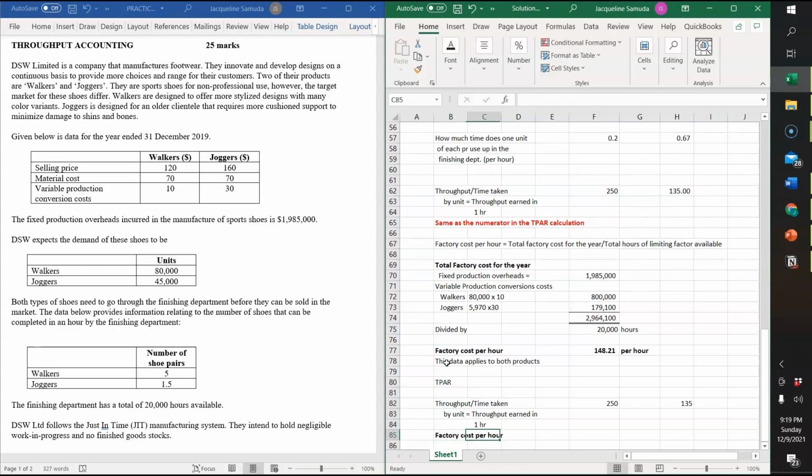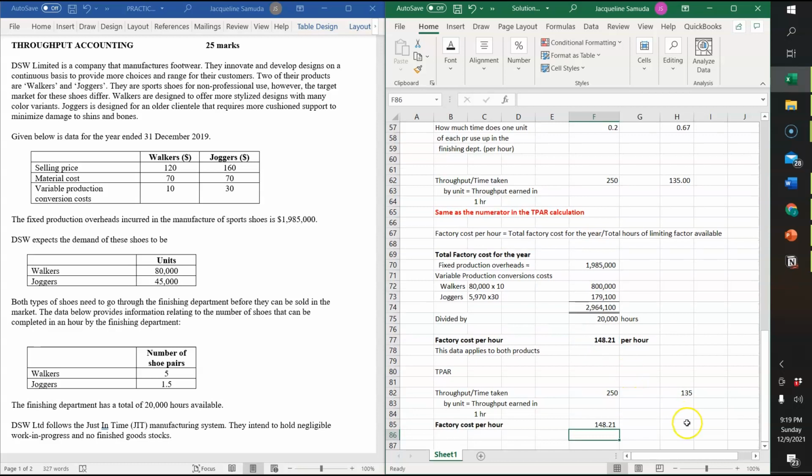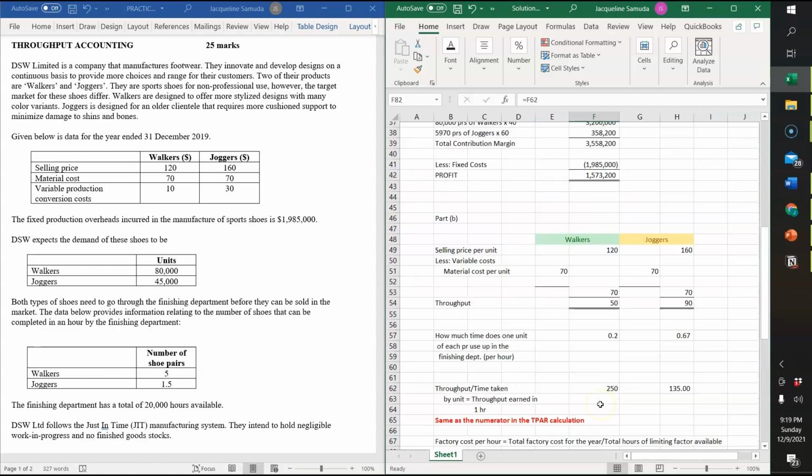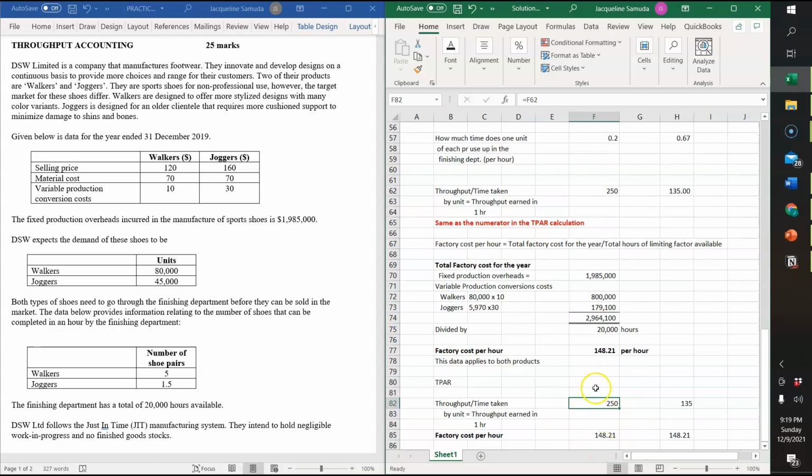And it's going to be the 148.21. Now I need to explain to you what this means in English. So this 250 tells me that for the walkers, in fact, let me bring down the names. So this is for the walkers. And this is for the joggers.